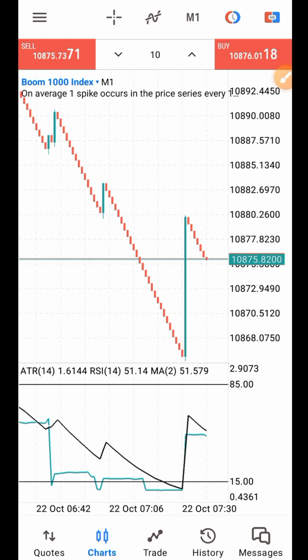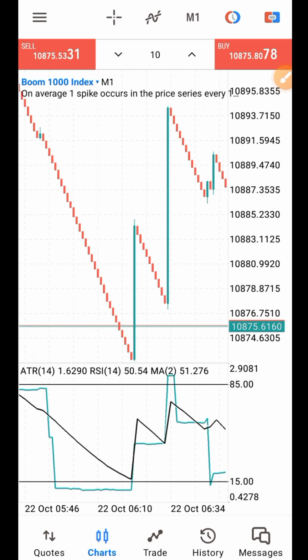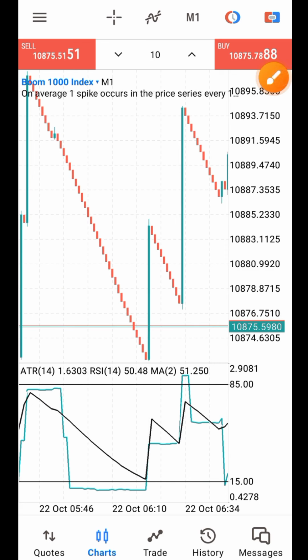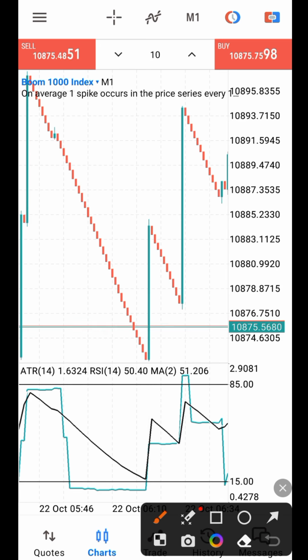So as you all know, RSI measures the buyers and the sellers in the market, and it also measures their strength. You understand? Same thing as average true range. So the RSI now gives us two levels. We have the 85 level and we have the 15 level.